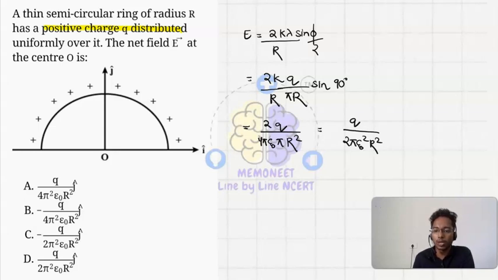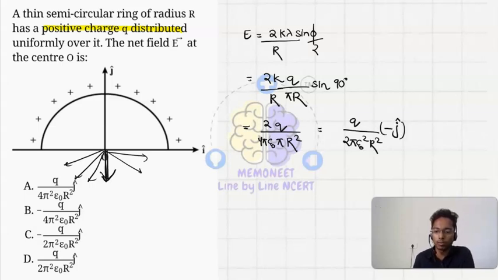As this is a positive charge, it will repel, so at every single point the field will be in the downward direction, and the resultant will come in the downward direction, that is the minus z cap direction.